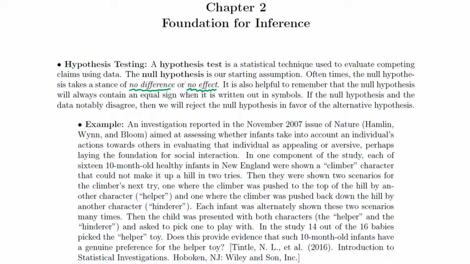In this case, no effect would mean the behavior of the toy has no effect on the likelihood that the child will choose it. And one other thing just to kind of hold on to as we're learning this process is that the null hypothesis is going to always contain an equal sign, okay? And so as we move through this particular example, you'll see what I mean by it contains an equal sign.